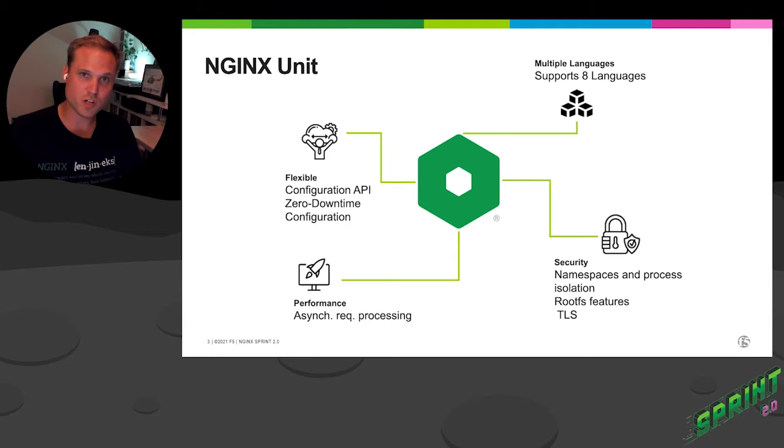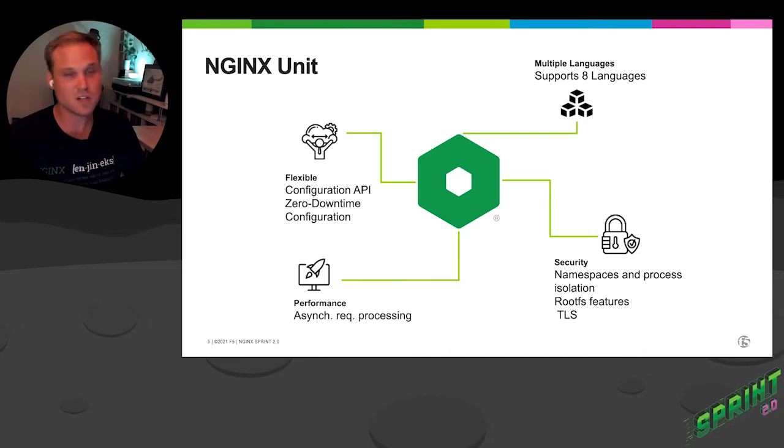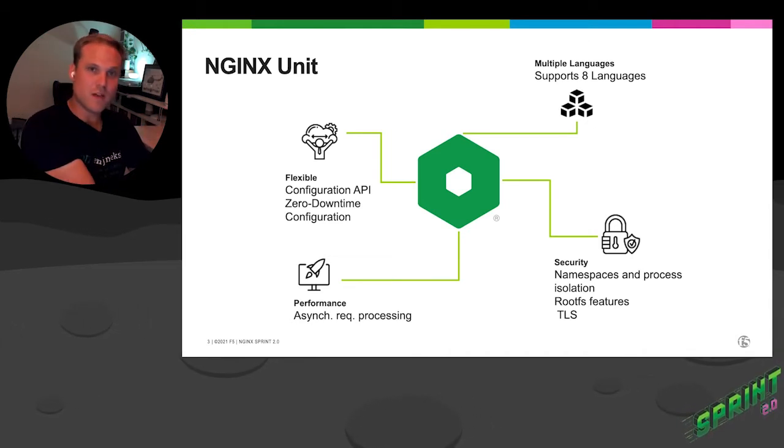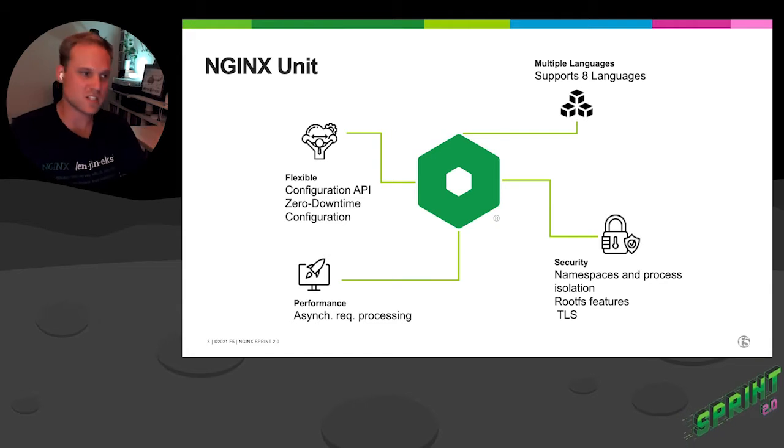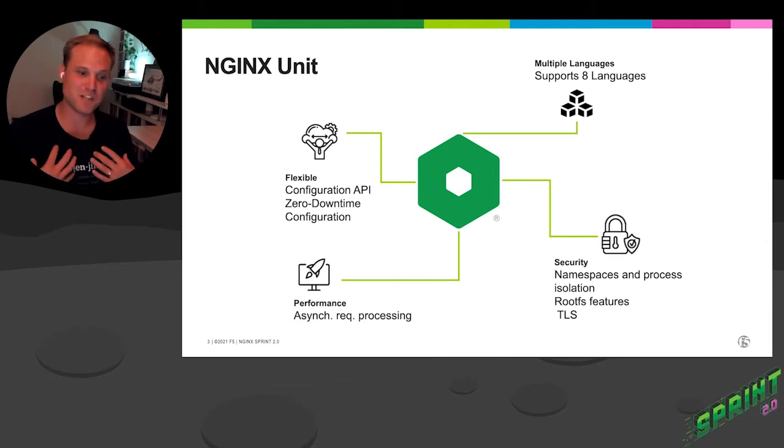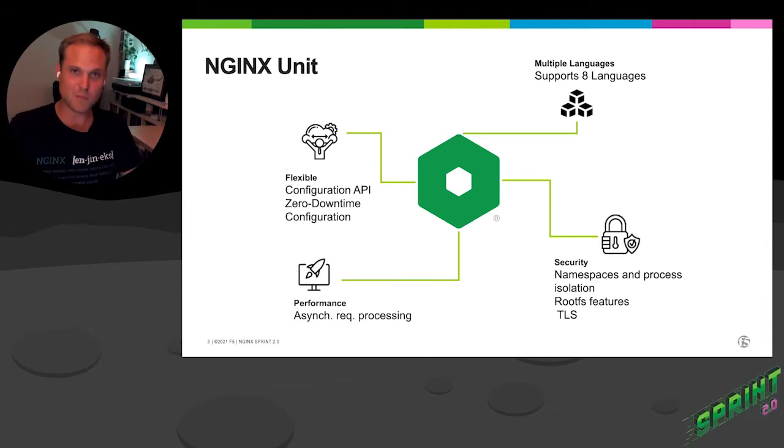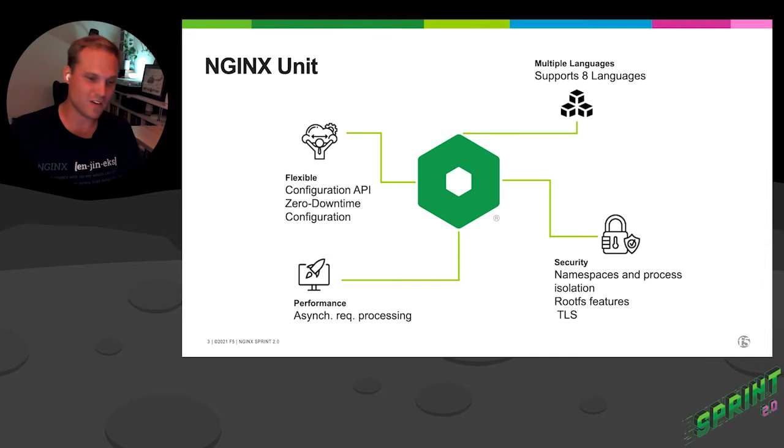So you really want to encrypt the traffic that's sent from your app server, in that case Nginx Unit, to the proxy server, to the load balancer that sits at the very beginning of your processing chain. And this is something that was, from my perspective, very complicated for different languages. Python handles it differently than Ruby, than Java, and all that stuff.